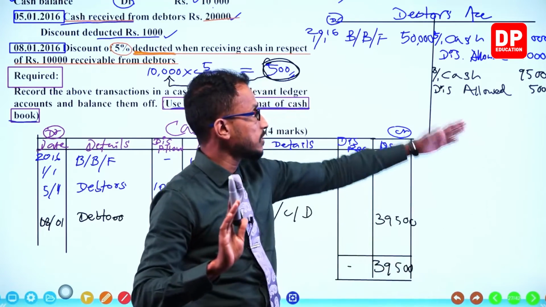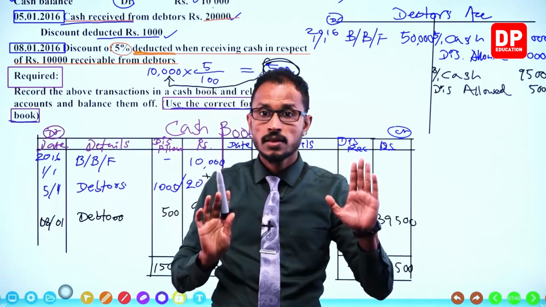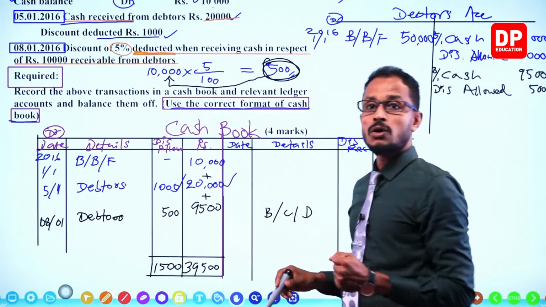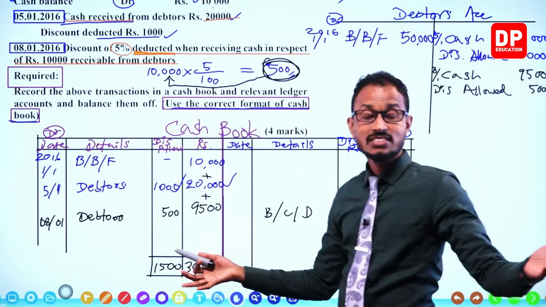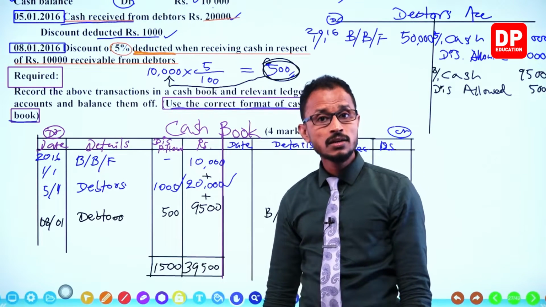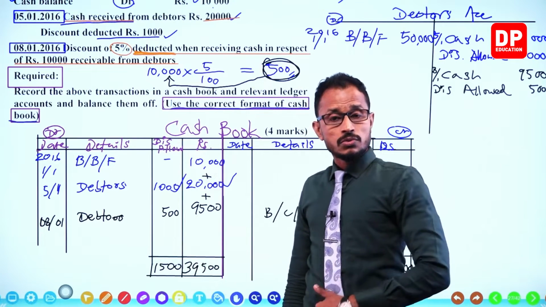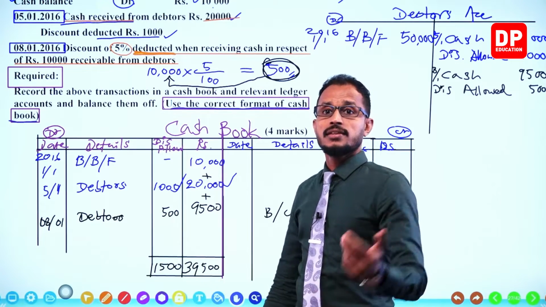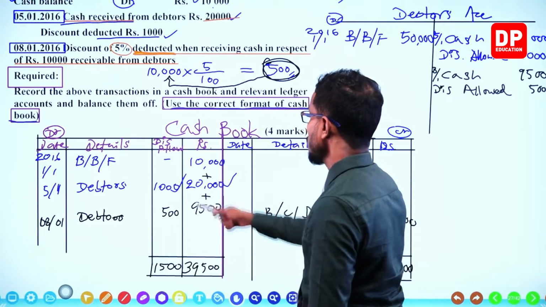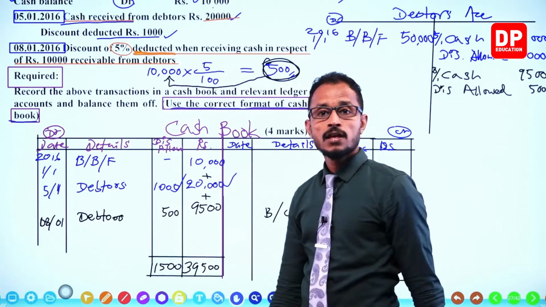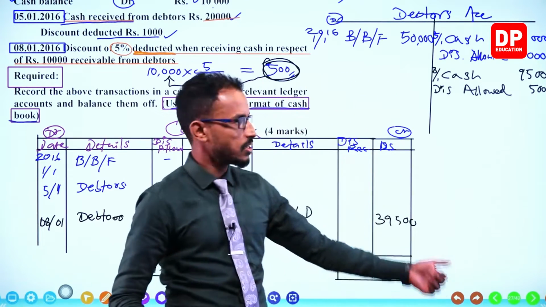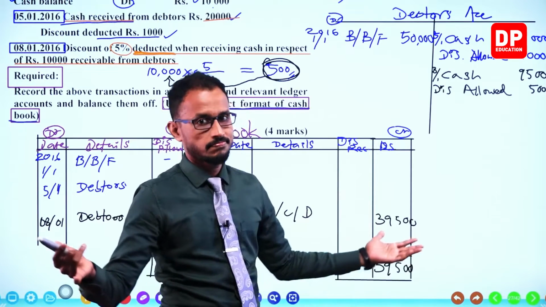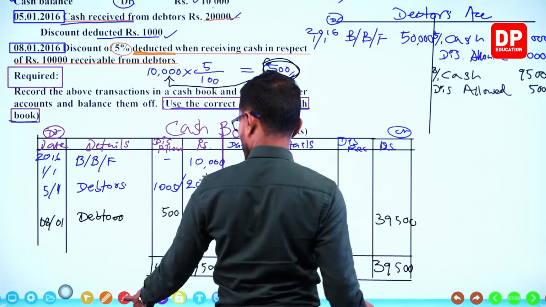Before balancing that one and finishing off the question, there's another ledger account. That is the discount account. You didn't draw the discount accounts. You must draw the discount accounts. In this question, only discount allowed, because nothing in the discount received column.